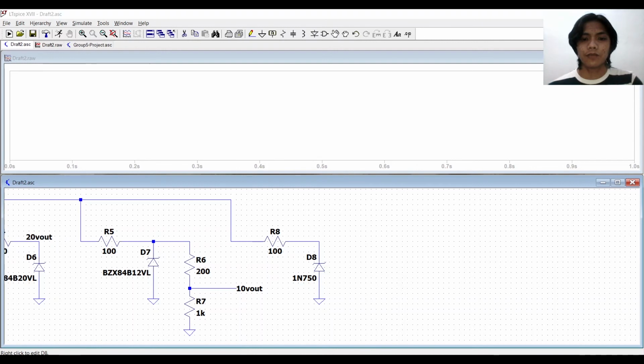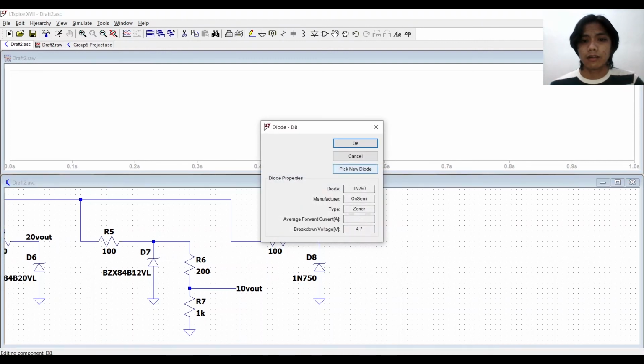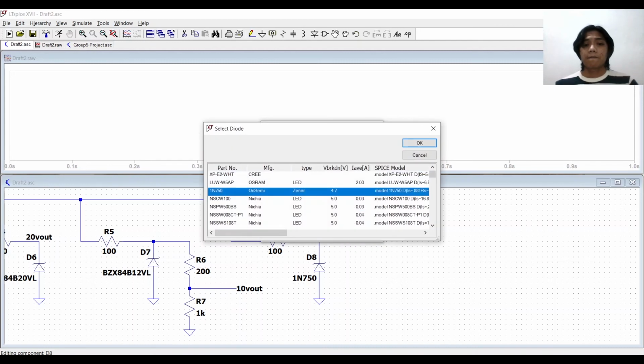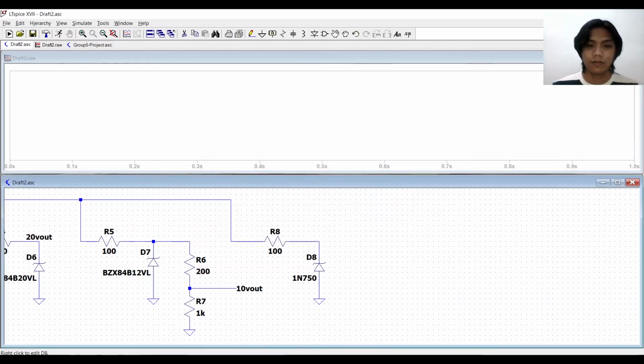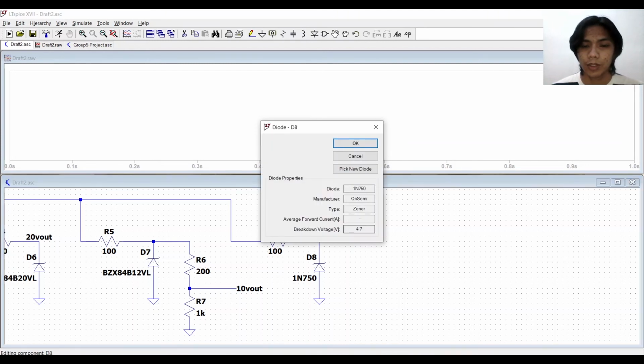And so unfortunately again, there are limited models in LT Spice as shown here. It is cut off at 4.7, and there is actually no model that we've found that we could also import that could provide us a stable voltage regulation of about 4 volts.